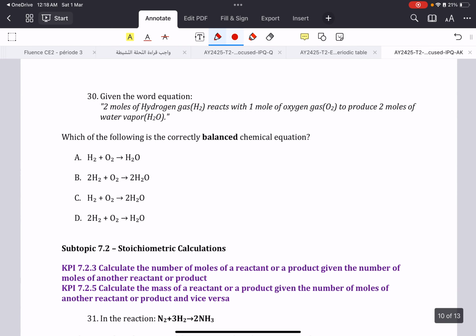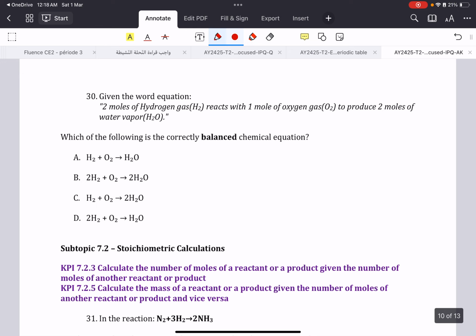And here's the answer. Now again, given the word equation, it's written in words. 2 moles of hydrogen gas H2. So we're talking about 2 H2 gas reacts with 1 mole of oxygen gas O2.